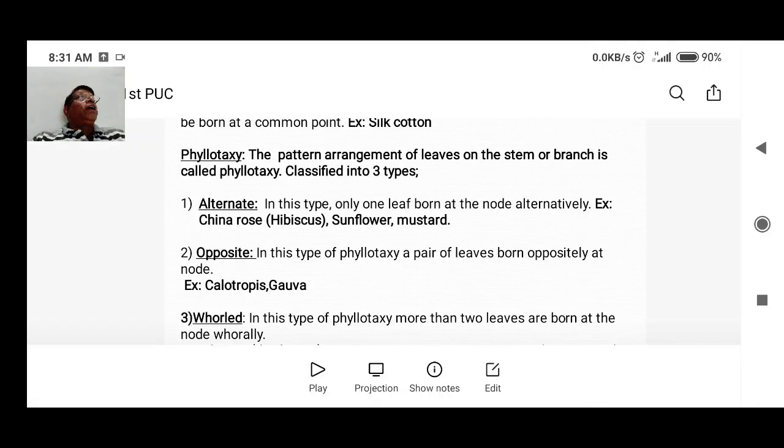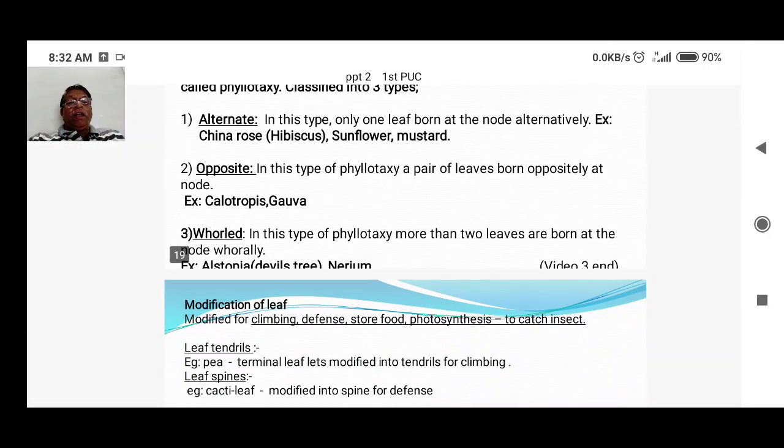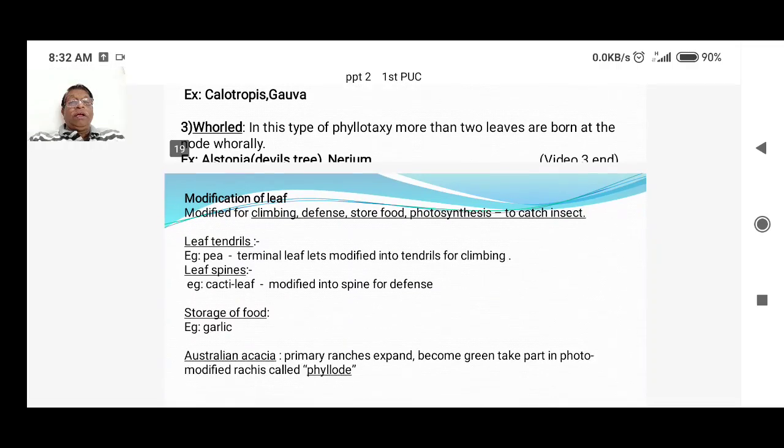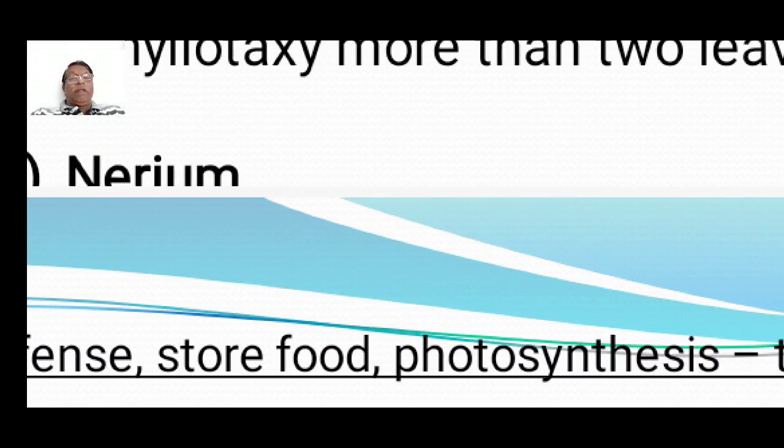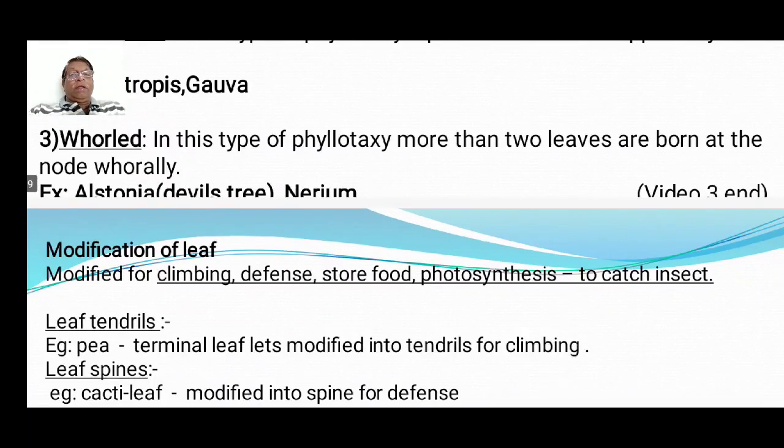Alstonia, commonly known as devil's tree. Nerium, oleander, very common one. Okay, that's all about phyllotaxy.